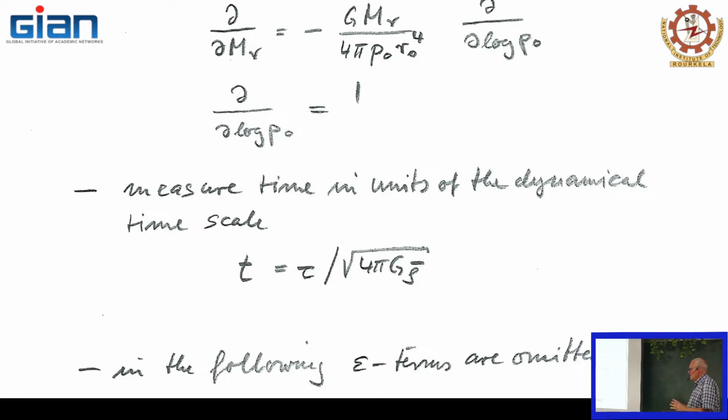We will only occasionally be dealing with the energy generation and its influence on pulsations, in particular on the driving of pulsations. Therefore, for simplicity in the following, we will omit the epsilon terms.